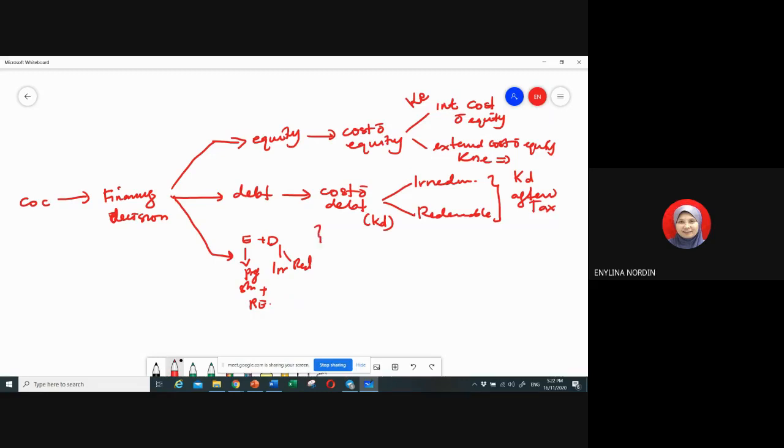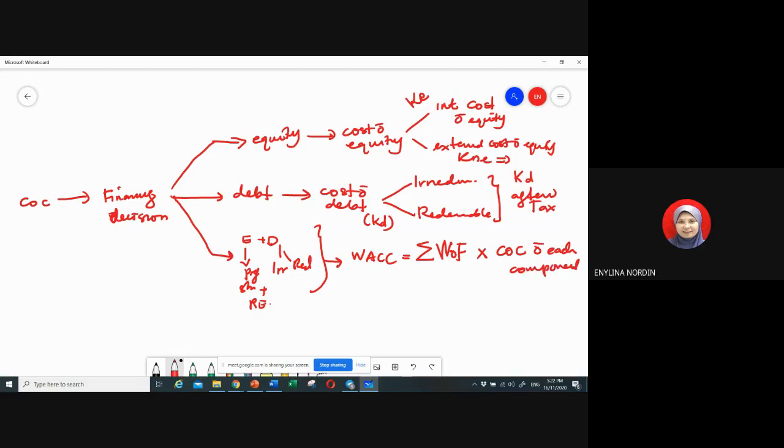So if the company combines these components of financing, the company needs to calculate the weighted average cost of capital. This is actually the summation of the WOF, the weightage of financing, multiplied with the cost of capital of each component.